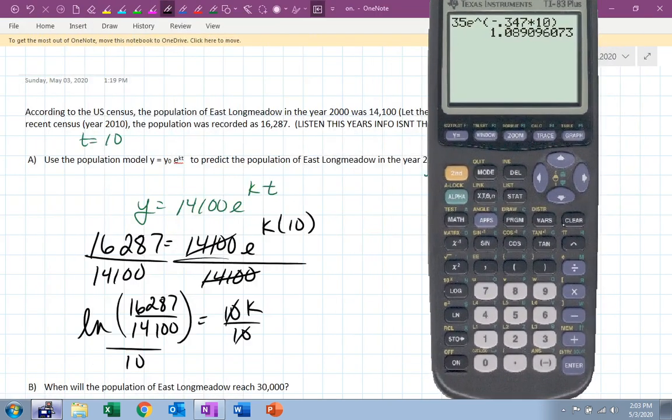I just plug it into the calculator. Divide by 10. It's a really small k. Yeah, that looks okay, right? All right, so we get k to be 0.014.